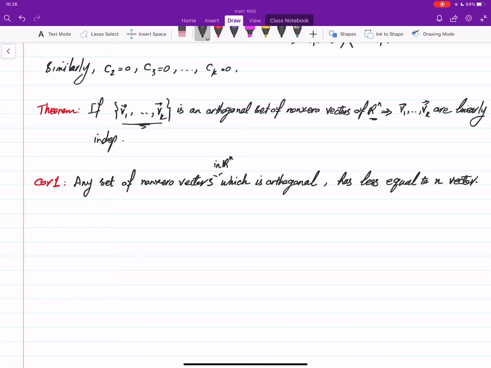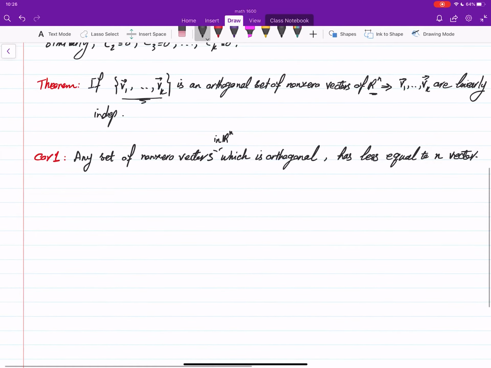Since the maximum number of linearly independent vectors can be only n, the number of these vectors cannot go beyond that. So we cannot have n plus 1 non-zero vectors which form an orthogonal set.